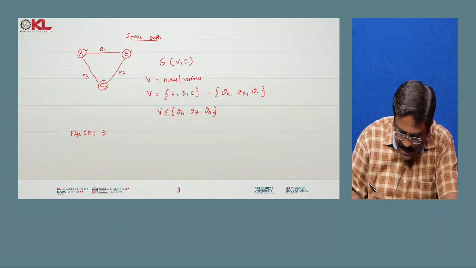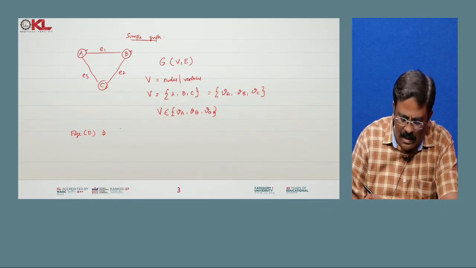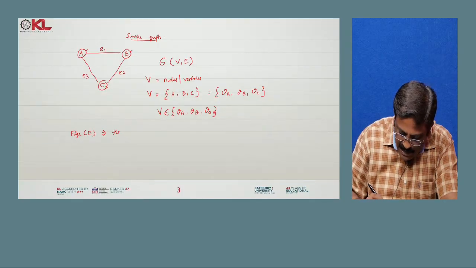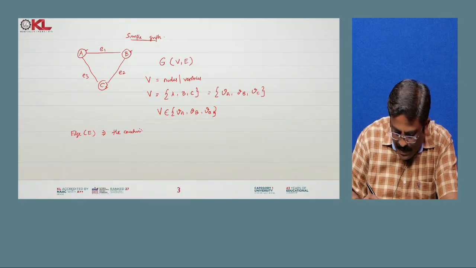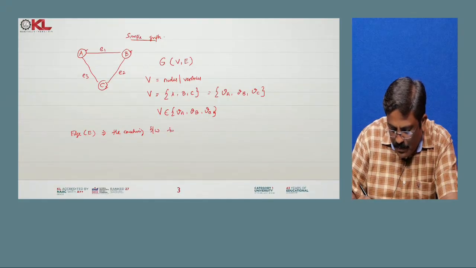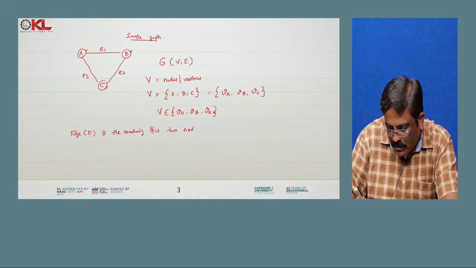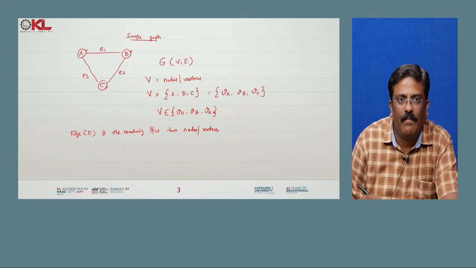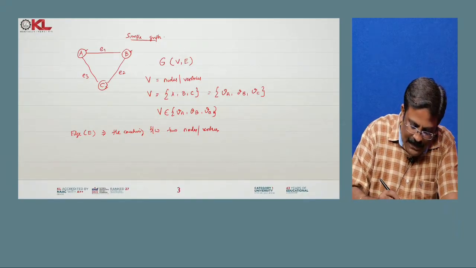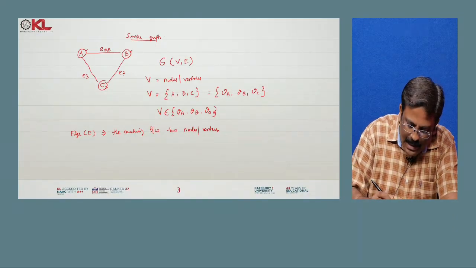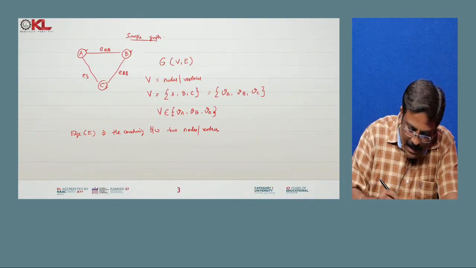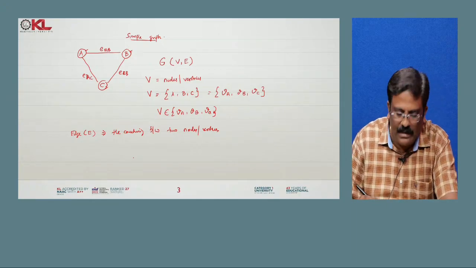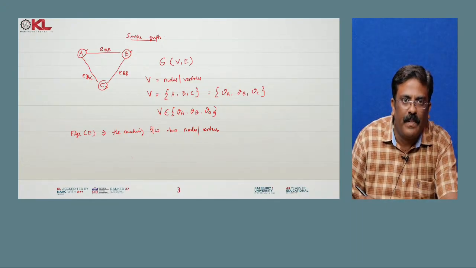What do the edges indicate? An edge indicates the connectivity between two nodes or two vertices. So this is the edge running between A and B, EAB, and this is ECB, and this is EAC.